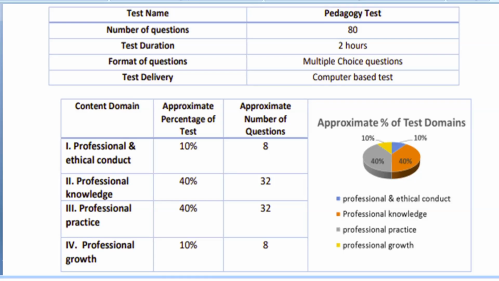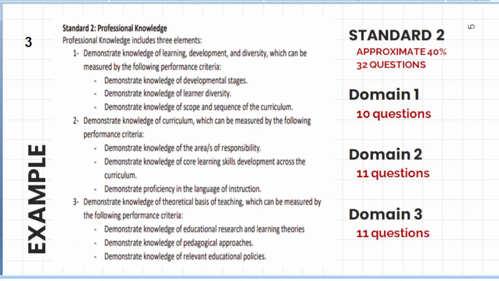Number two, how exactly does this assessment criteria work? As you know, your test consists of 80 questions and the approximate percentage, as you can see on the screen. Now these are the topics for standard 2.